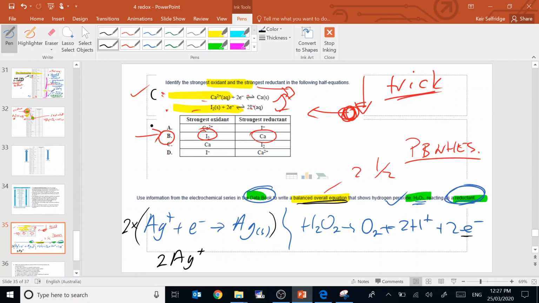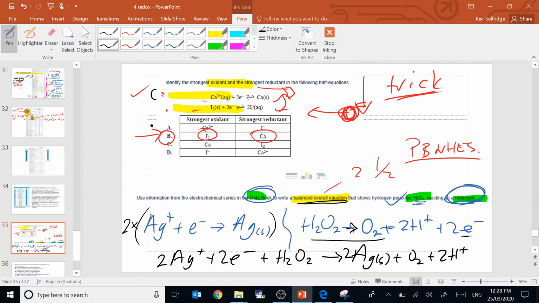2Ag plus 2 electrons on that side of the arrow. On this side of the arrow, I've got H2O2, and that's going to turn into 2Ag solid plus O2 plus 2H plus 2 electrons.